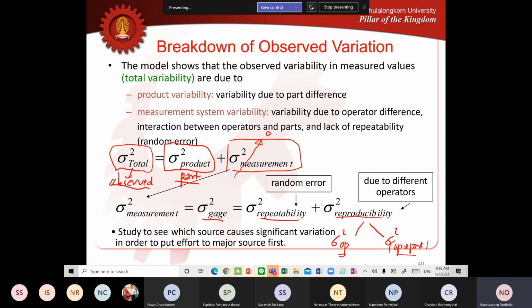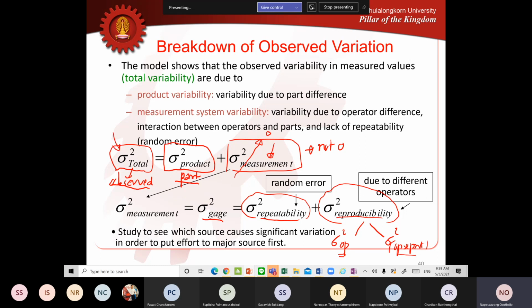But in reality, the variance of the measurement is not 0, because there may be differences regarding repeatability and also variation among operators. So what we have to do is calculate the ratio of the variance of the measurement, and then compare it with the variation total.